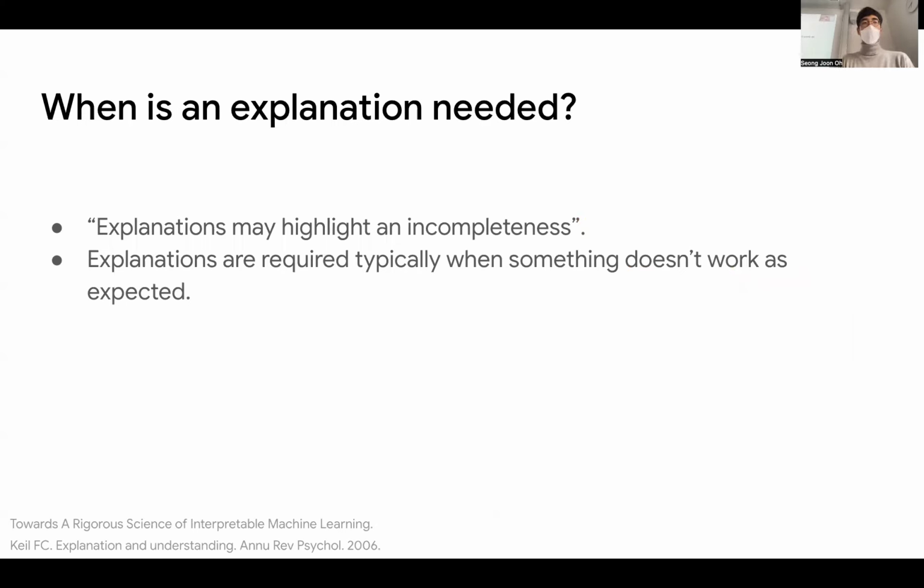So that is sort of why we need explanation. But in general, let's try to characterize the situations when the explanation itself is needed. Some studies say explanations are required typically when something is not working. So when everything is working well, then we do not question why this is working or why is it so good. But when something is not working, then we raise questions, right?